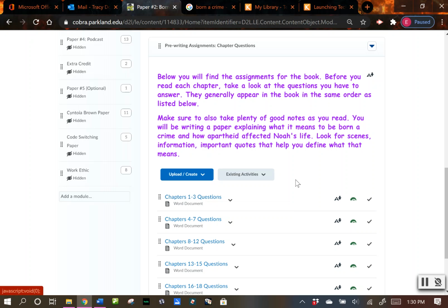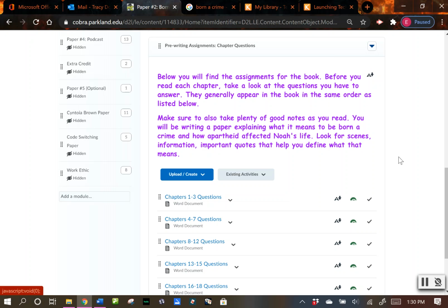As you read the chapters, you're going to be writing a paper where you define what it means to be born a crime, as well as how apartheid affected Noah's life, both of those. So your paper is arguing sort of 2 points from the book.